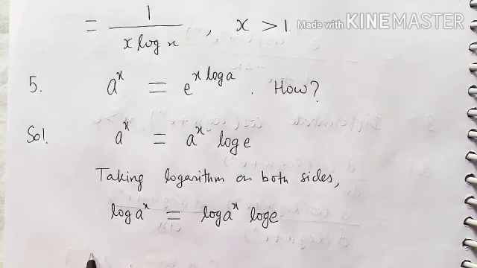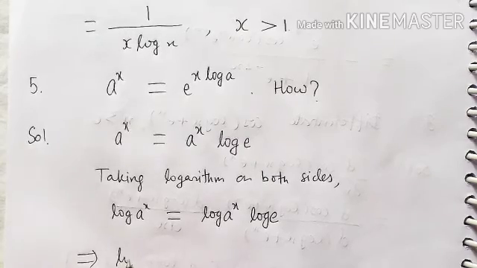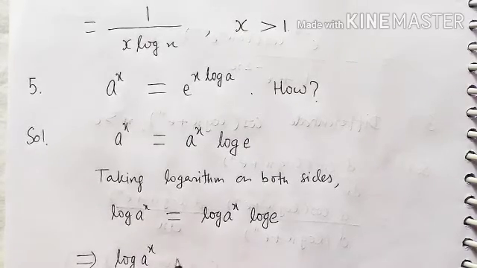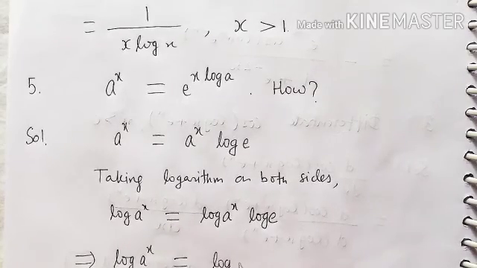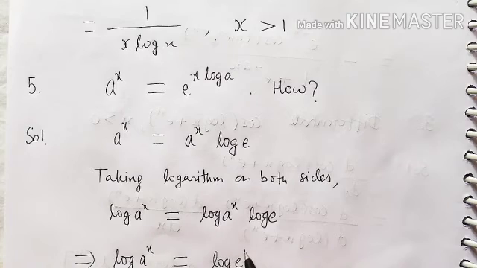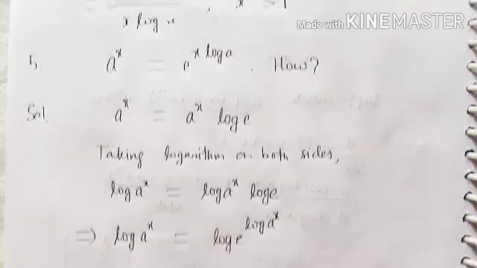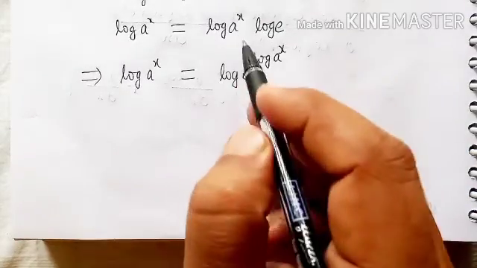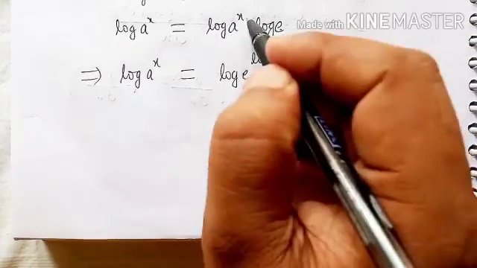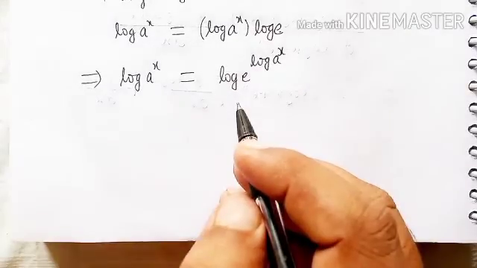From here we have log of a to the power x is equal to log of e, and the power of e is x, by the power rule of logarithm.